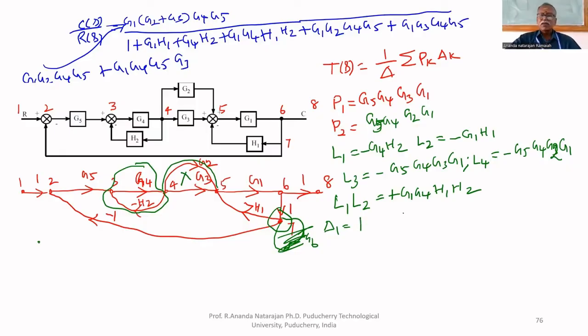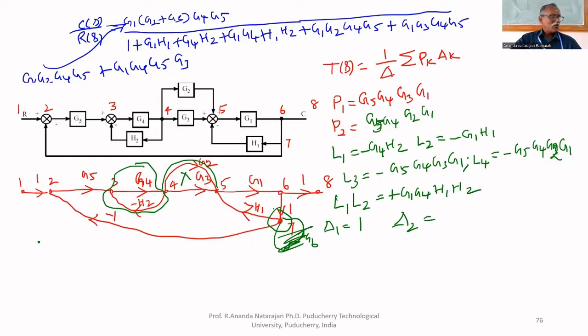What is delta 2? Delta 2 is for the other forward path: G5, G4, G2, G1. That is forward path 2, P2. The part of the graph which is not touching the second forward path is again 7 only.